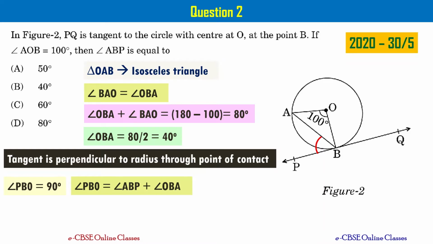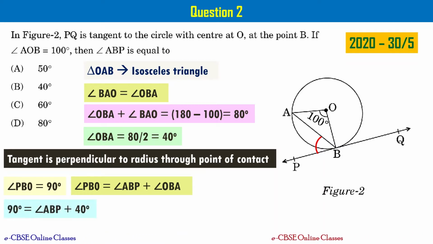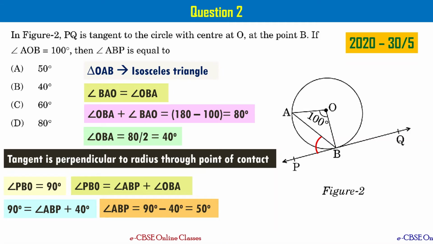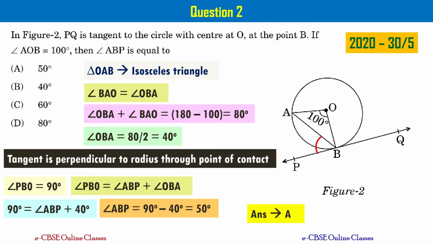And angle PBO can be written as angle ABP plus angle OBA, right? We have seen that angle OBA is equal to 40 degrees and angle PBO equals 90 degrees. When you substitute those two values into the equation and simplify, you get angle ABP equal to 50 degrees. So the answer is choice A. Let's go to the next question.